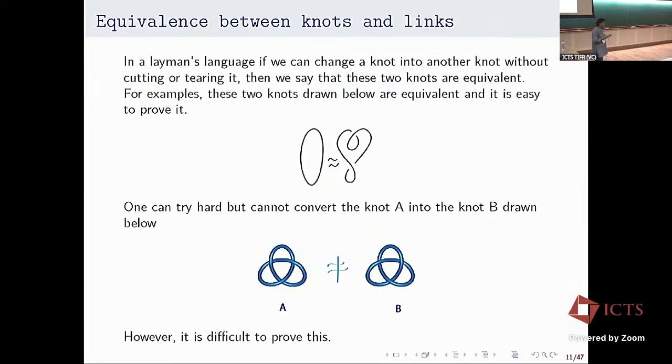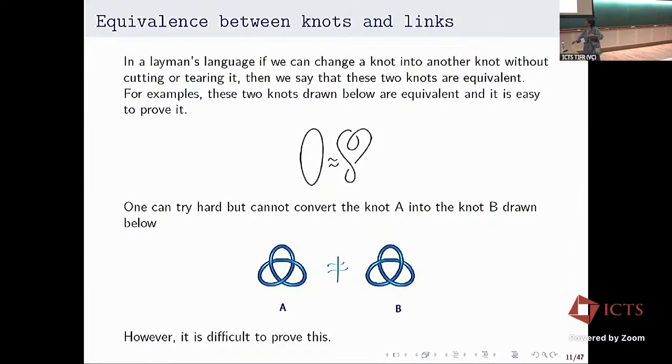In layman's language, I said, take the knot, don't cut it, don't destroy it, just play with it. If you can simplify and transform one to make it look like the other, then you would say they are the same. But that's not a mathematical definition, because you can't really describe how you are simplifying. See these pictures that I drew. The first one looks like you can, because you just need to untwist it.